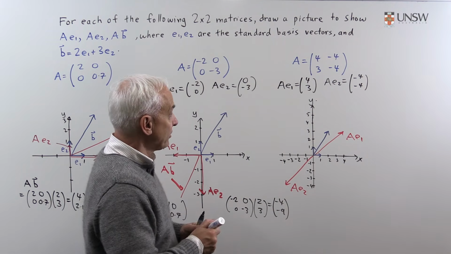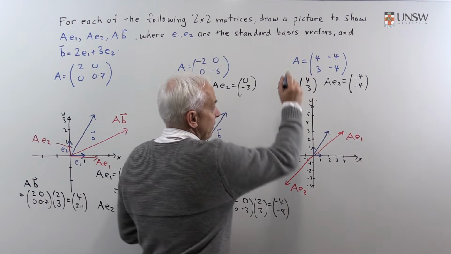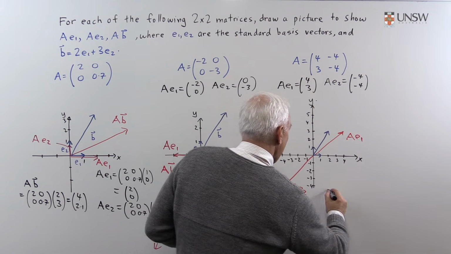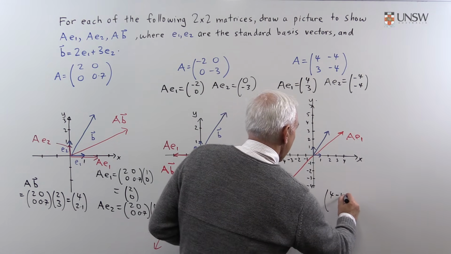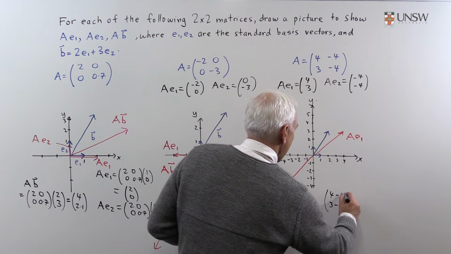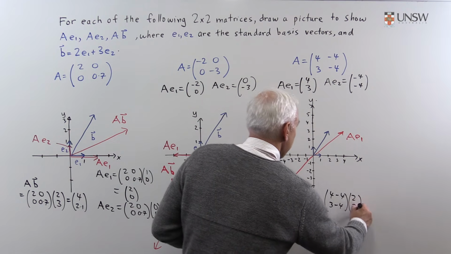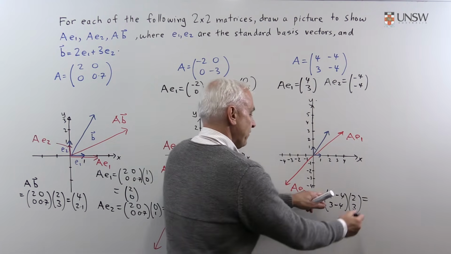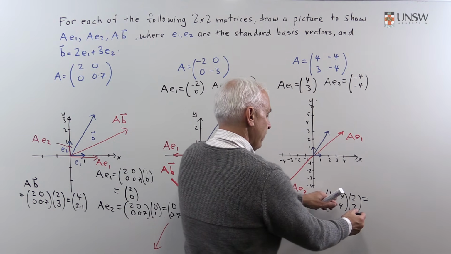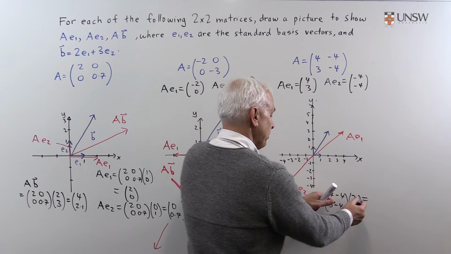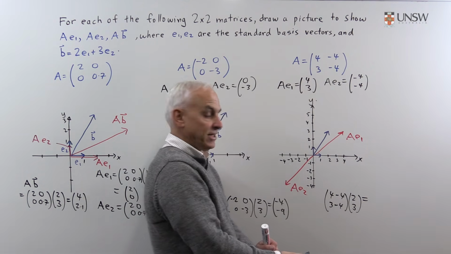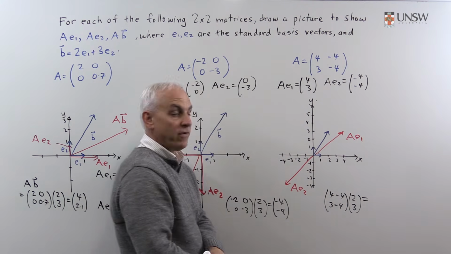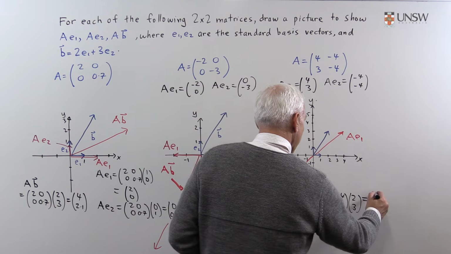And finally, what happens when we apply the matrix to our vector 2, 3, vector B here? Well, the matrix multiplication is 4 times 2, which is 8, minus 12, which is -4.